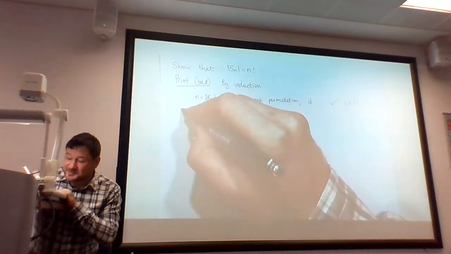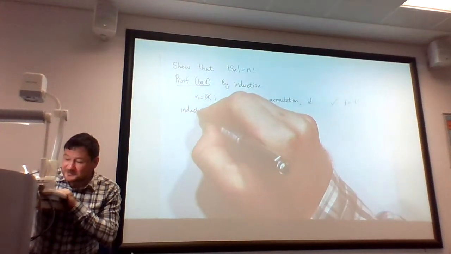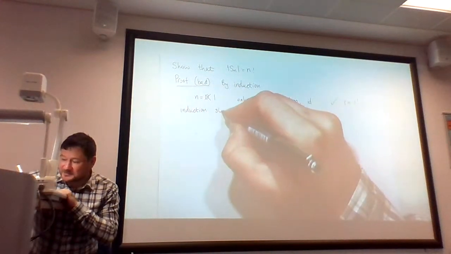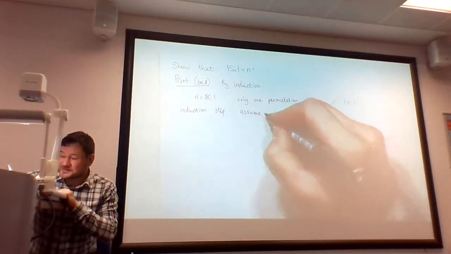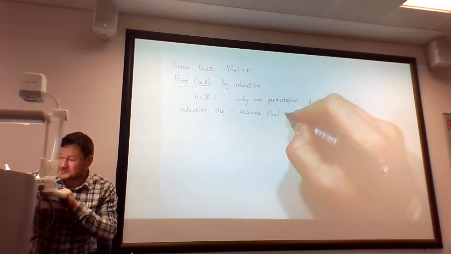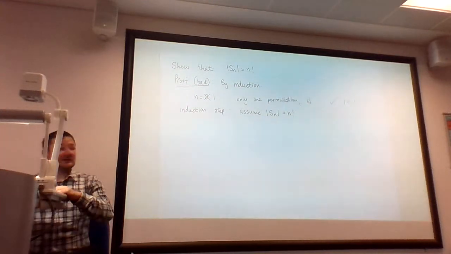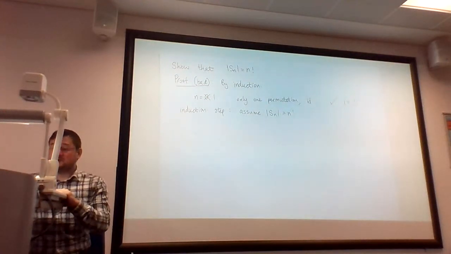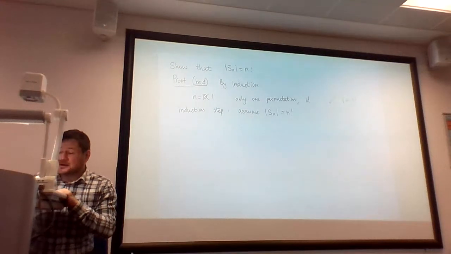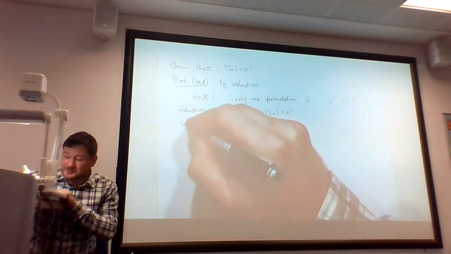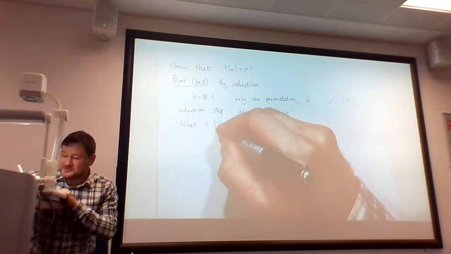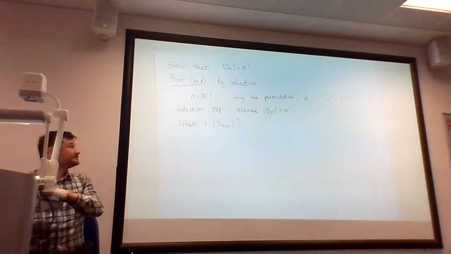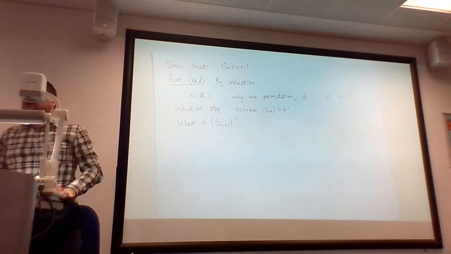Now the induction step. We assume that there are n factorial permutations of an n element set, and we want to look at n plus 1.